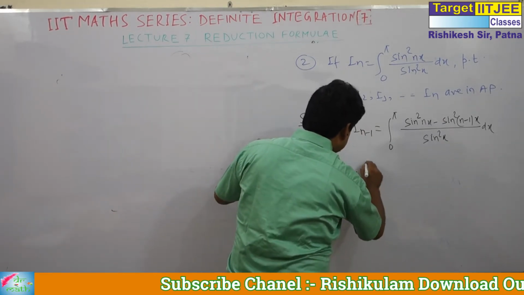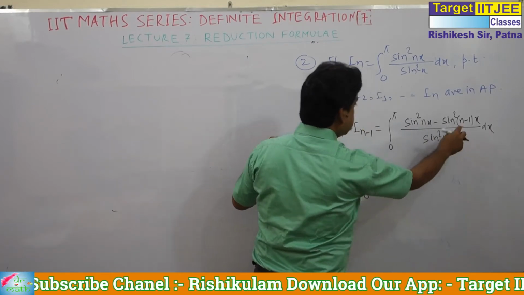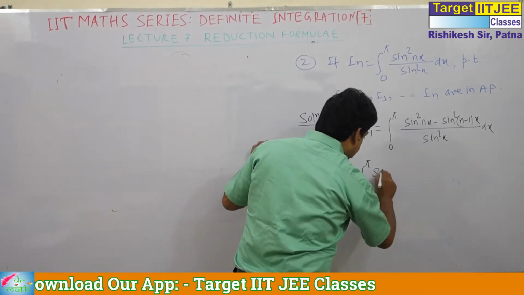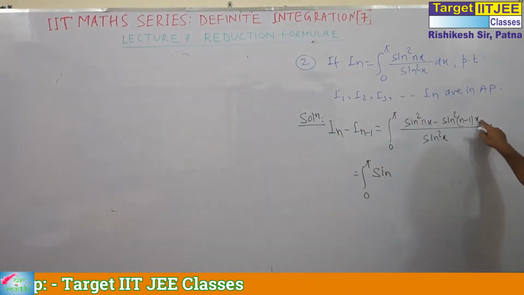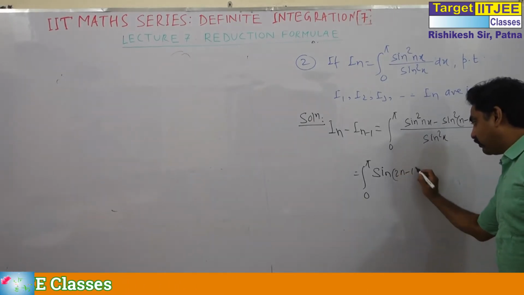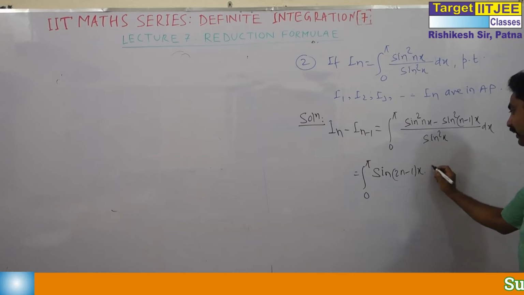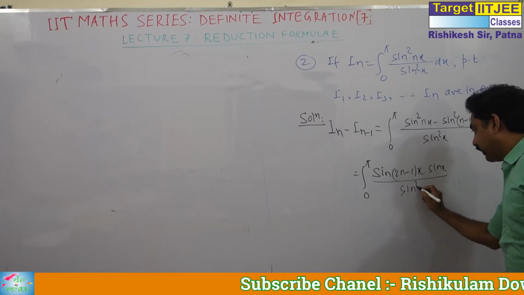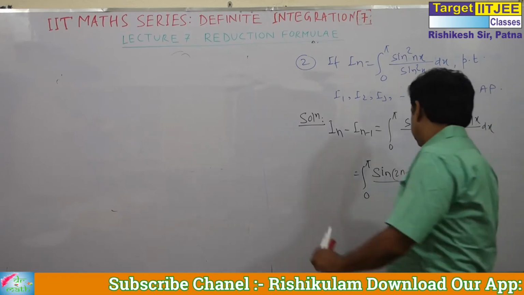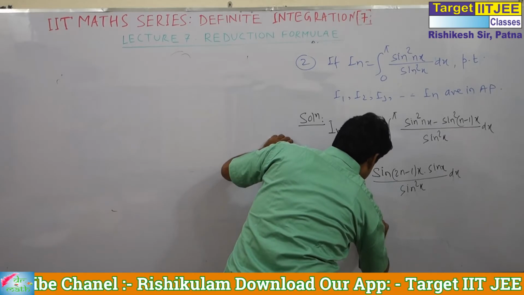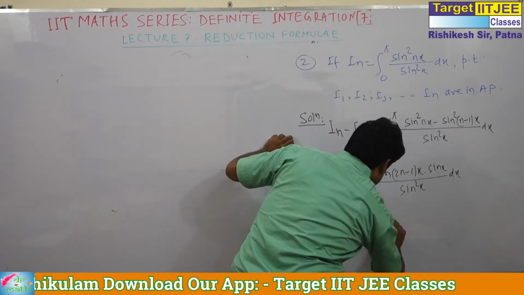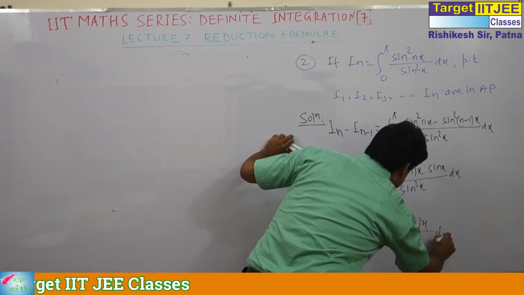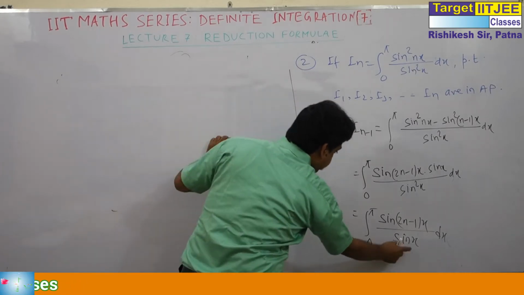Sin square A minus sin square B is sin(A plus B) into sin(A minus B). So A plus B is (2n minus 1)x, and the difference is x. This is the integral from 0 to pi of sin (2n minus 1)x upon sin x dx. I want to get rid of this sin x.